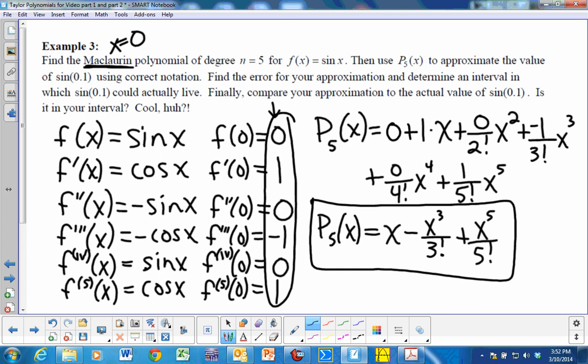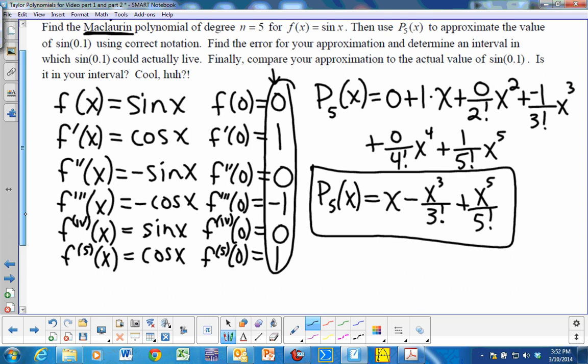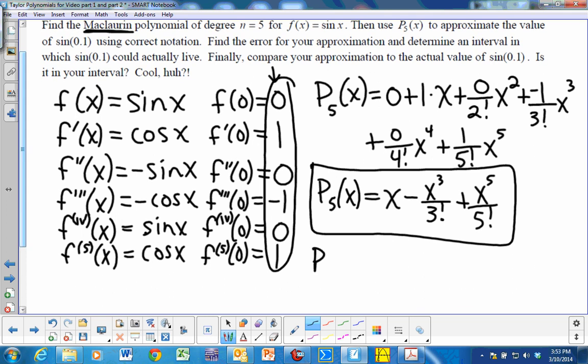All right, then it says, well, let's use this to approximate what is sine of 0.1. So if we do this polynomial evaluated at 0.1, we're going to get the approximate answer for sine of 0.1. I should have put that in the other order, but that's okay.